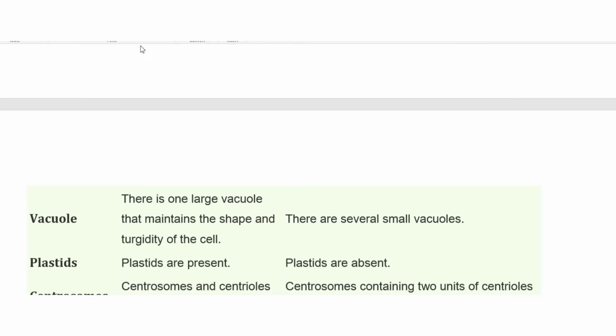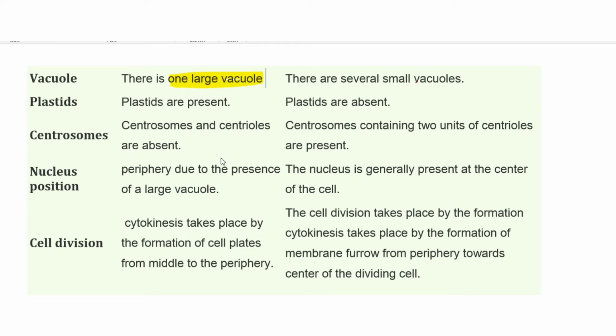And plant cells have one large vacuole which occupies 90% of the cell volume, whereas in animal cells there are several small vacuoles. There is not a big vacuole present. Plant cells have plastids present in them, whereas animal cells have no plastids.